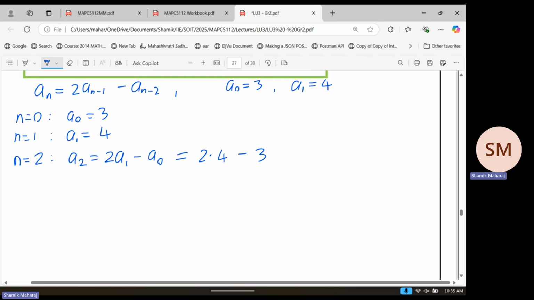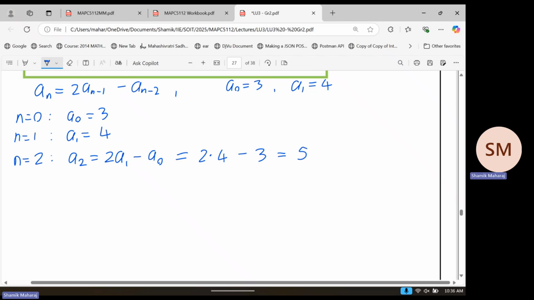You can work these out in your head, but in a test or exam, don't trust yourselves. Use the calculator, because I see people going off by 1 or 2 in either direction. So just be safe. This is 8 minus 3, sorry, which is 5. So that's A2. Now we know A0, A1, and A2.